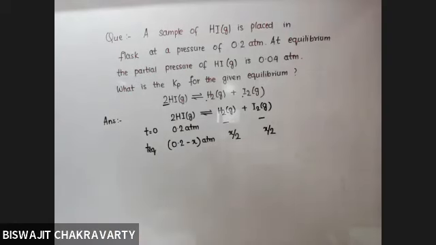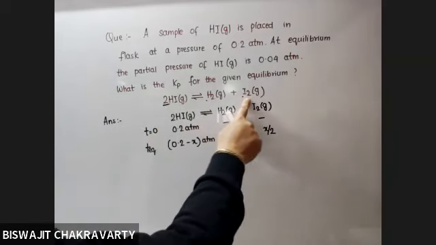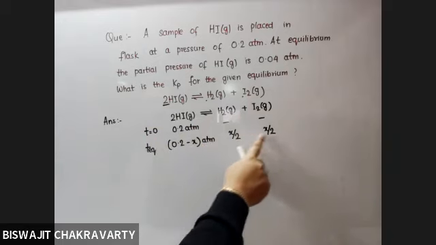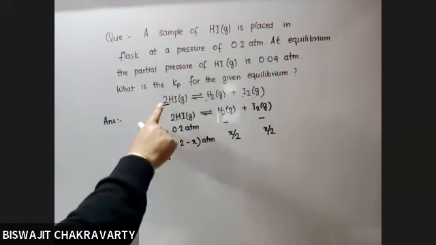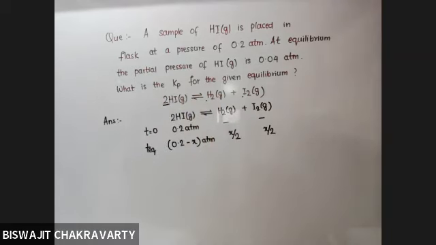Yes, sir. So you always have to go according to the molar ratio. If it were 1:1:1, there would be no problem and both would be x and x. But here, since it is 2:1:1, it is half.